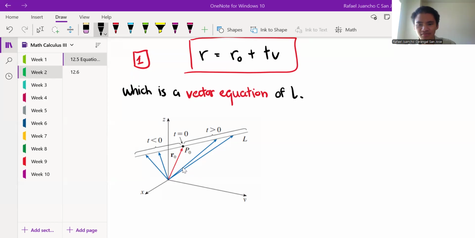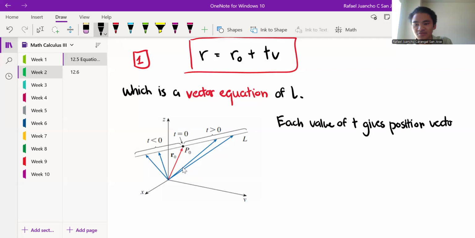Okay, I'm just gonna write out this first thing. Each value of parameter t gives position vector r of a point on L. So we remember r is a position vector because its initial point, or tail, starts at the origin.